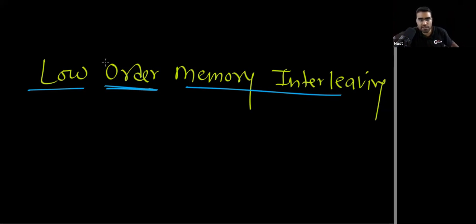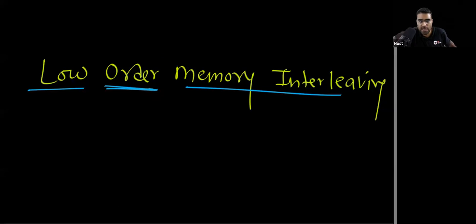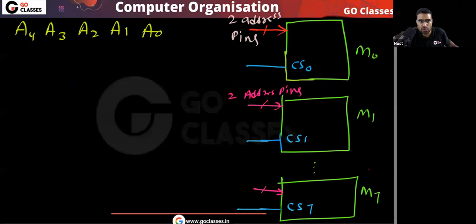Okay, now let's see low order memory interleaving. In this low order memory interleaving, what do we do? We use the LSB bits of the address to select a chip. Yes or no? So remember what we do here.